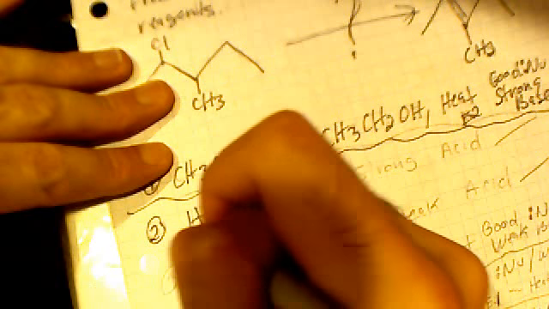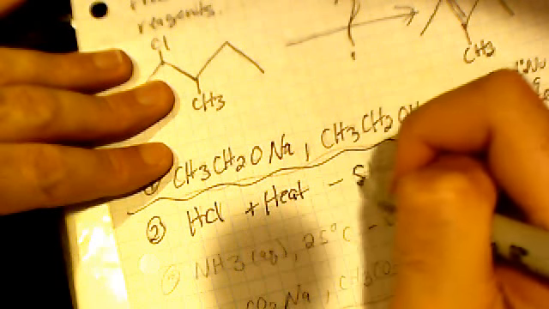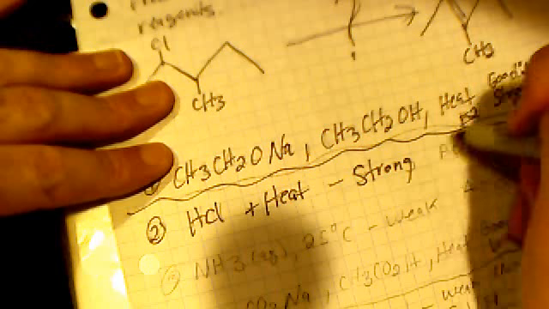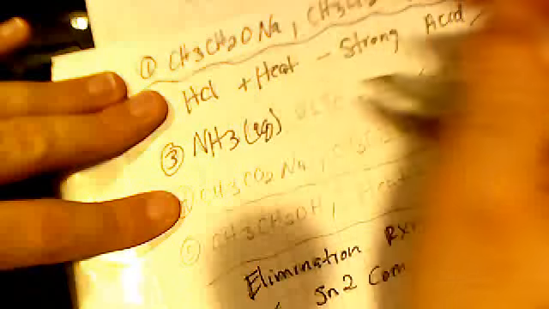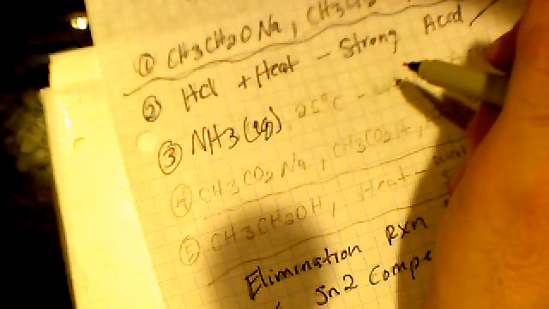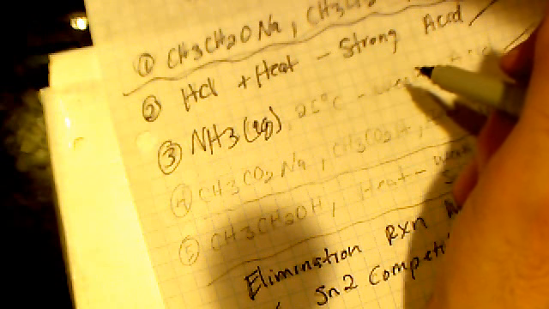Next, they give me hydrochloric acid plus heat. That's a strong acid, not a base, so that's not going to help me. Then they give me ammonia, aqueous ammonia. Oh, it's in water. So if it's in water, I guess it could become a base.